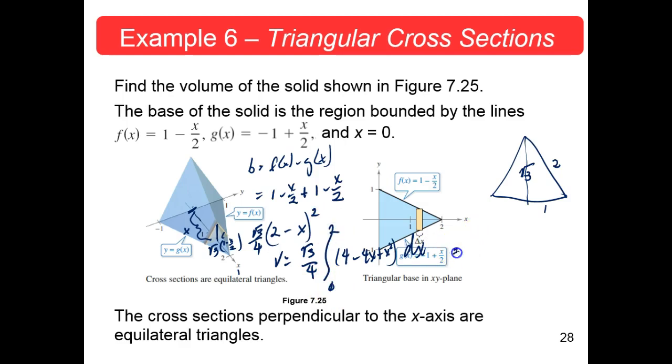Okay, let's see what we get. Root 3 over 4. Antiderivative of 4 is 4x minus 2x squared plus x cubed over 3, evaluated from 0 to 2.